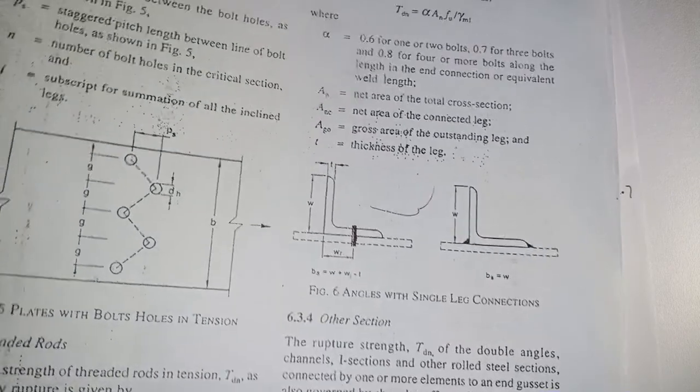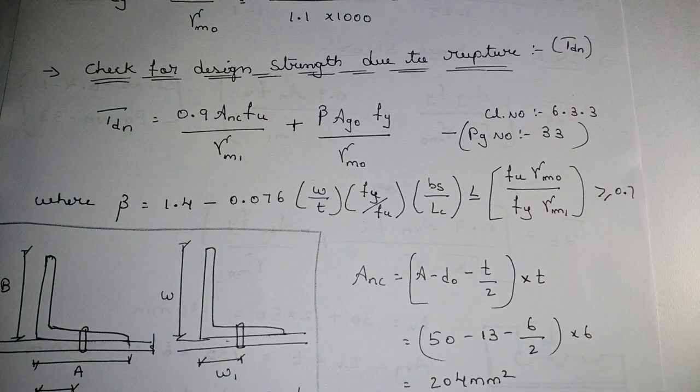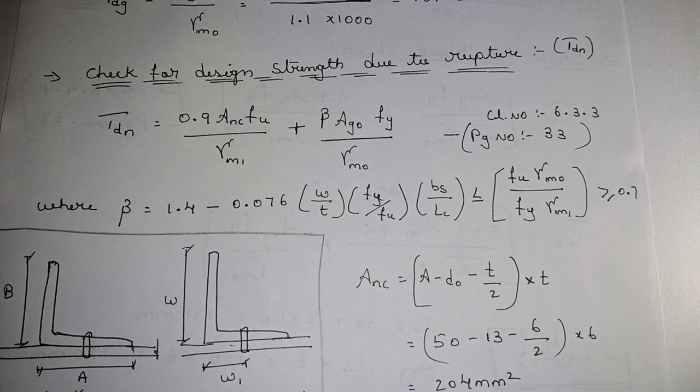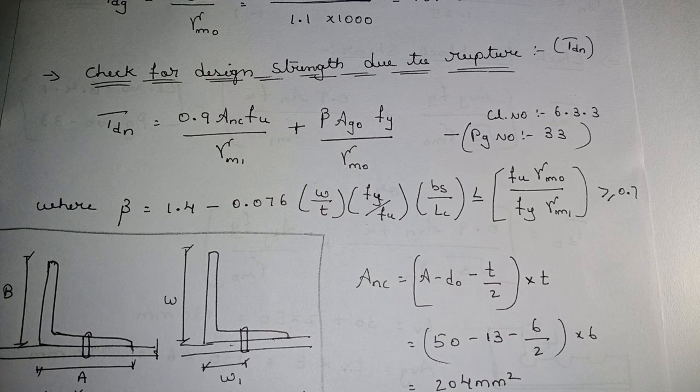Now what does the question say here? The longer edge is connected. That means what is the outstanding leg here? It is 30. We have this angle here, that is 50 by 30 mm, and the thickness is 6.